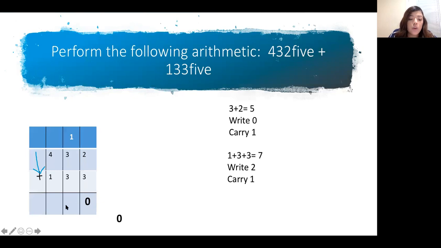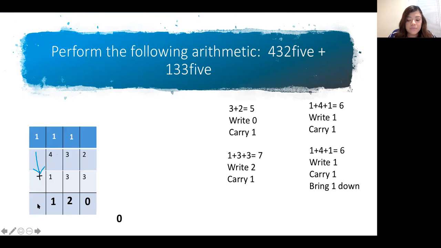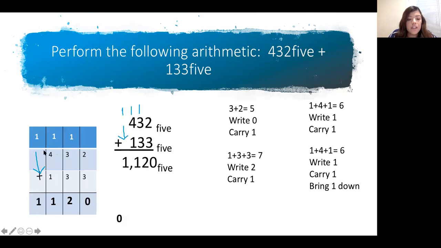So we write our difference down, which is 2, and we carry our group of 5 over to the top. And then we add our last one, which is 1 plus 4 plus 1, which is 6. And there are groups of 5, so we can only write 1 down, and we carry our other group of 5. And then there's nothing to add there, so we just bring our 1 down. And then we get that our answer is 1,120.